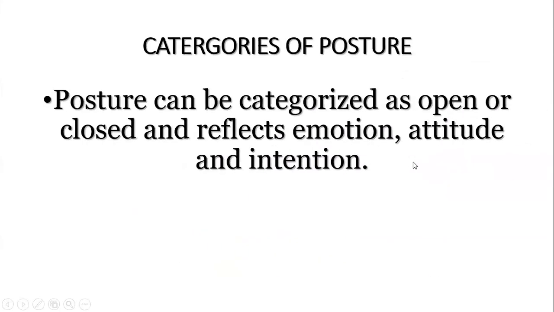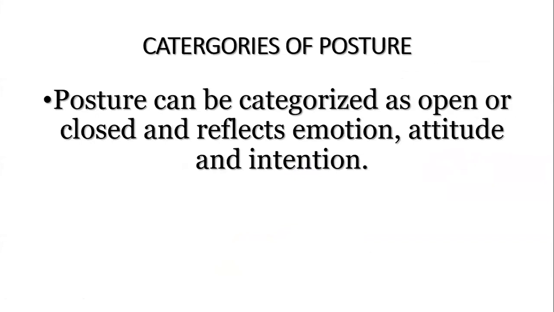So let's go into categories of posture. Categories of posture. You want to write this down too. Posture can be categorized as open or closed, and reflects emotions, attitude, and intention. So a posture can be open and a posture can also be closed.